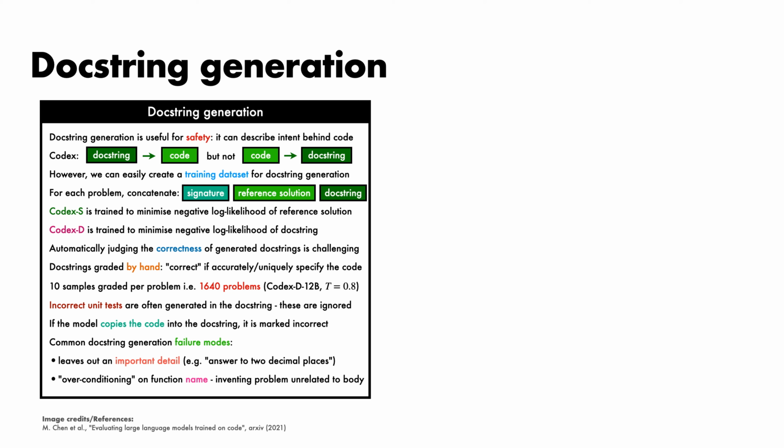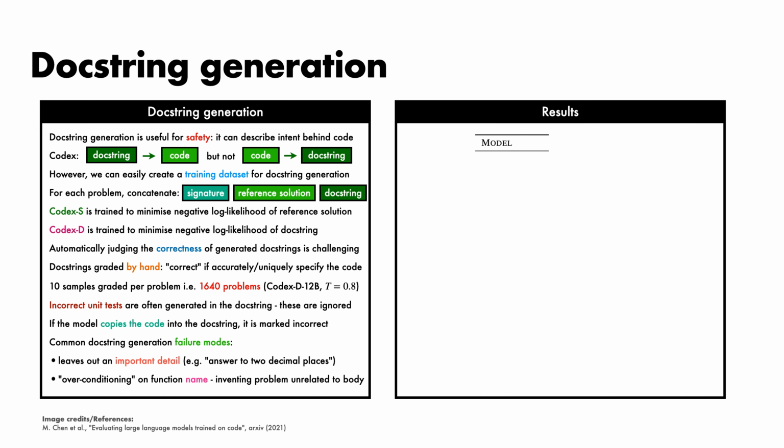We can now turn to the quantitative evaluation of docstring generation performance, again using the pass@1 and pass@10 metrics. To provide some context, the performance achieved by the Codex-S 12 billion model when generating code from docstrings is 32.3% pass@1 and 59.5% pass@10.